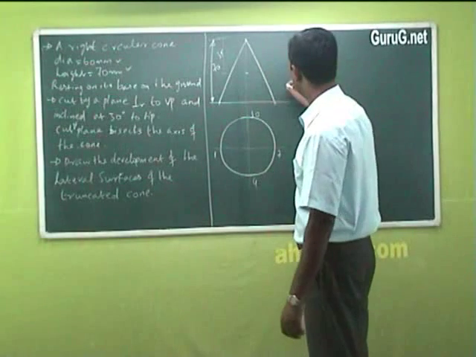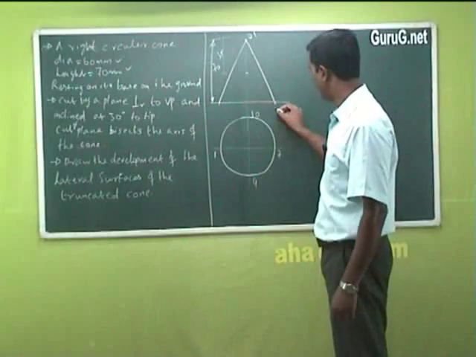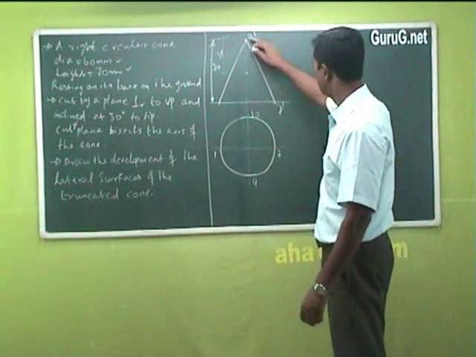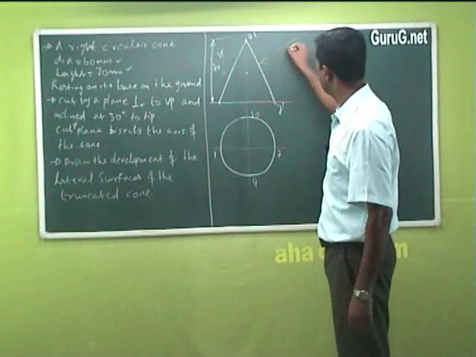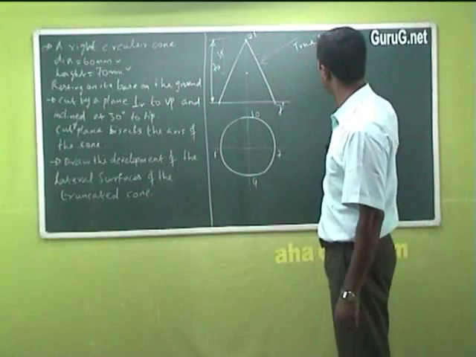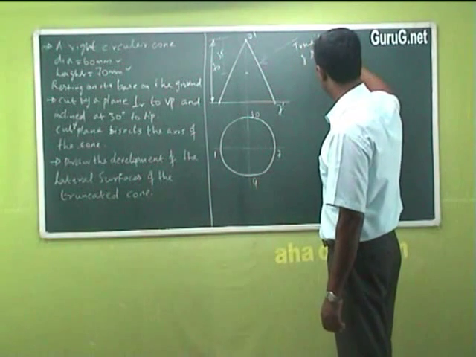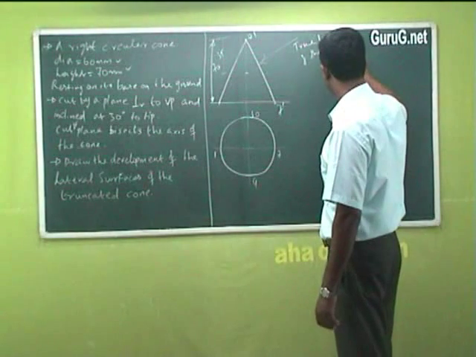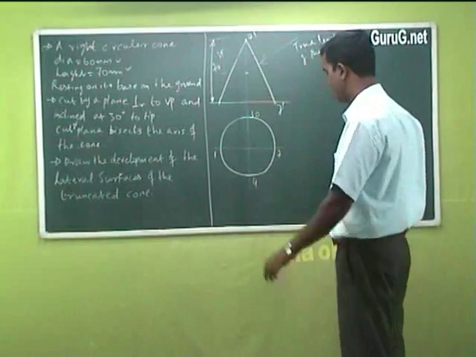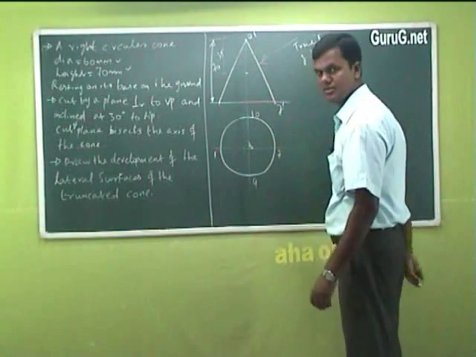This point I have taken as O or O dash, and this point is 7 again, 7 or 7 dash. O dash and 7 dash will be the true length of the slant edge.